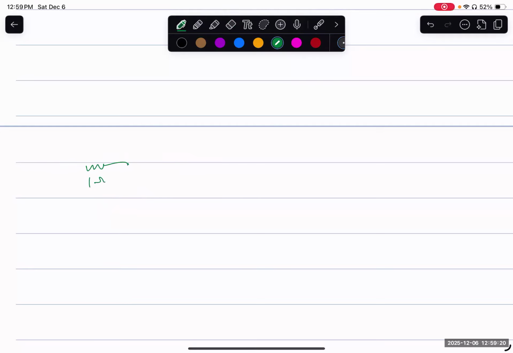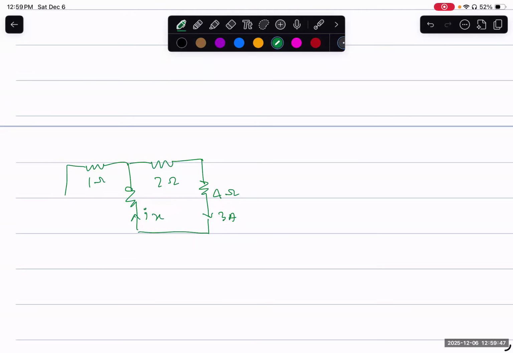So 1 ohm is R1, 2, IX. Okay, like this. And then we need to find IX.